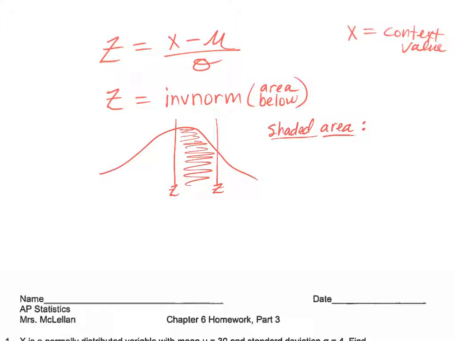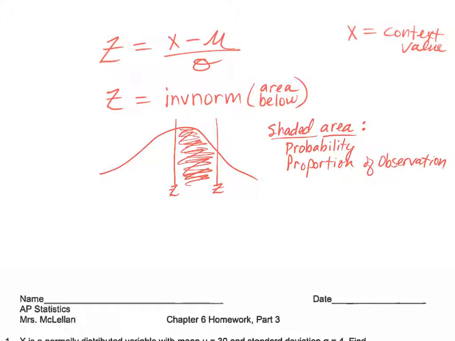So the shaded area, you might be asked, what's the probability? Maybe they'll say, what's the probability that something falls in between 90 and 100 miles per hour? Another one besides probability might say, what proportion of data, or what proportion of observations, what proportion of cars, what proportion of socks get stuck in the dryer or whatever.